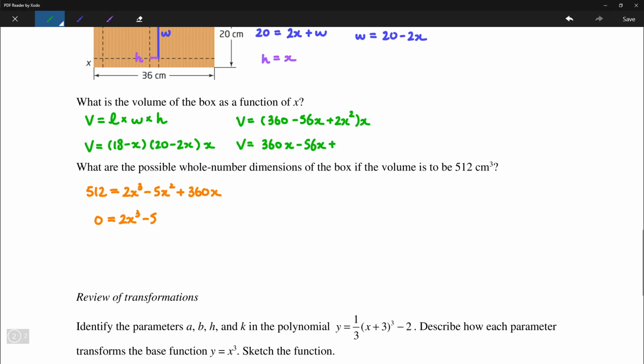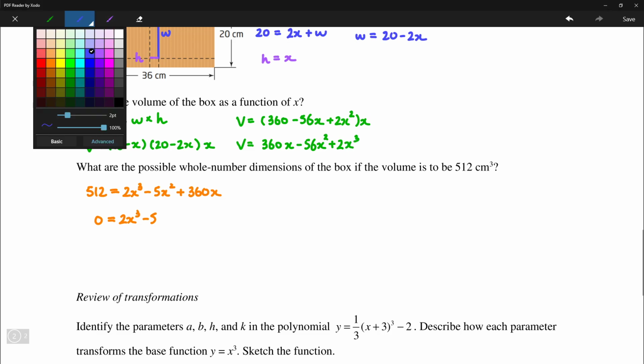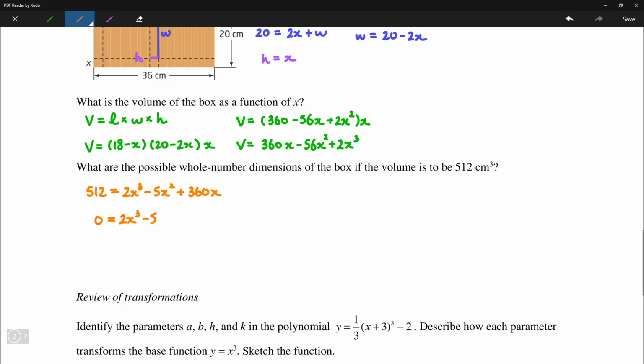All right, 2x cubed here, and then next part, 56x. Sorry about that. So this will be minus 56x squared, and then plus 360x, and then minus 512.